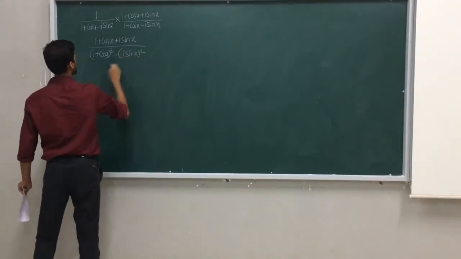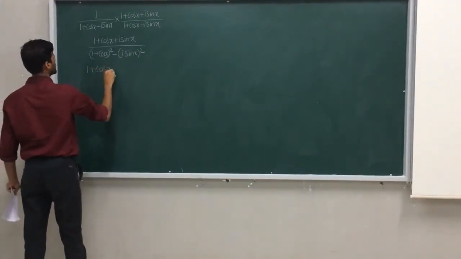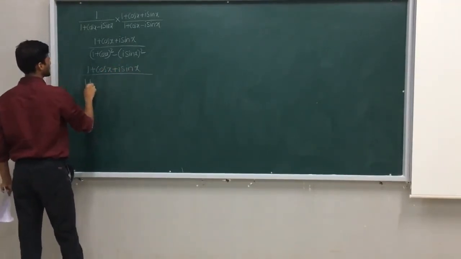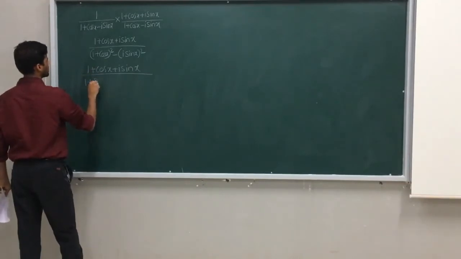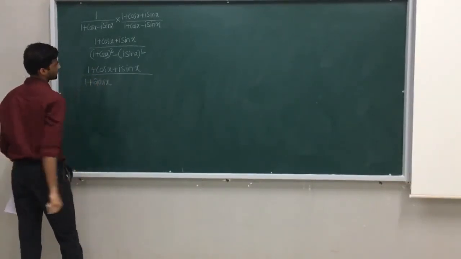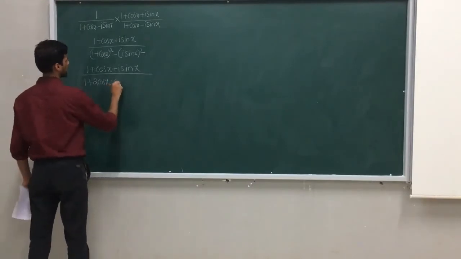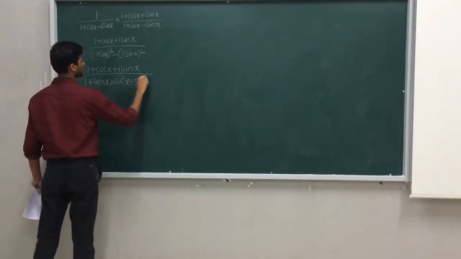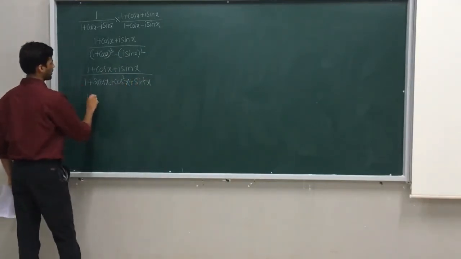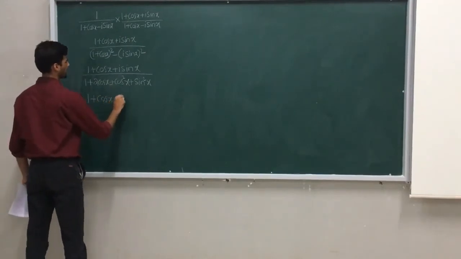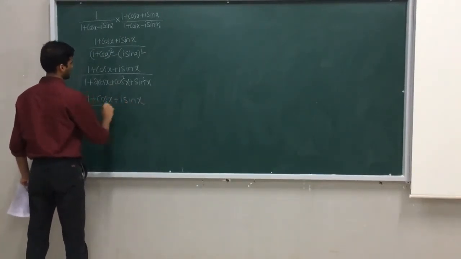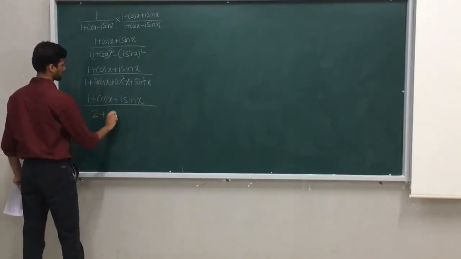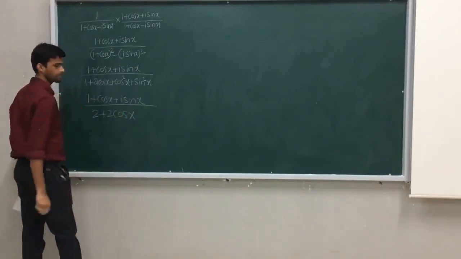Yes. So 1 plus cos x plus i sin x divided by 1 plus 2 cos x plus cos square x, and i square is minus 1, so plus sin square x. So 1 plus cos x plus i sin x upon, cos square x plus sin square x is 1, so 1 plus 1 is 2, plus 2 cos x. Yes.